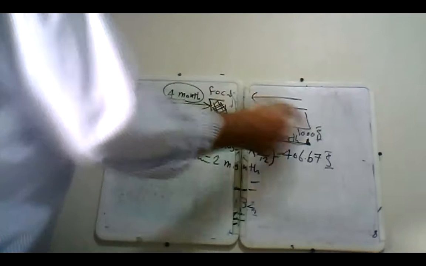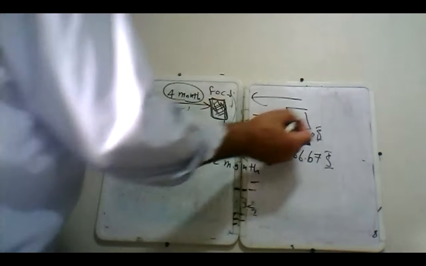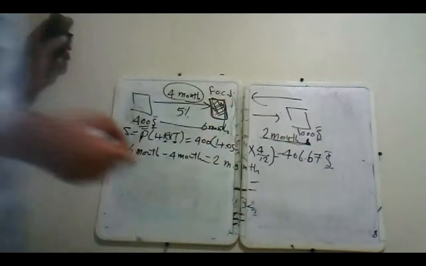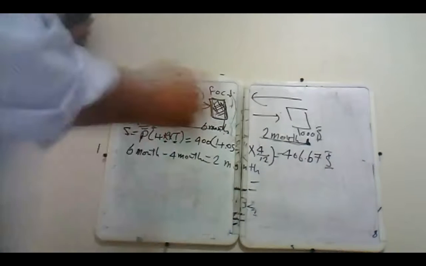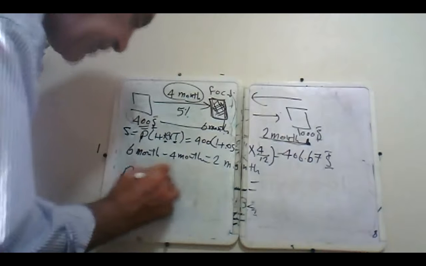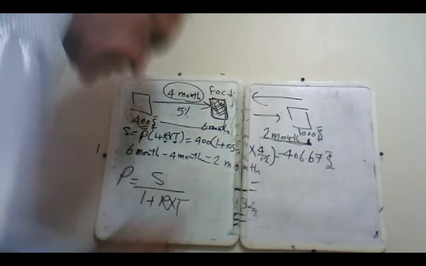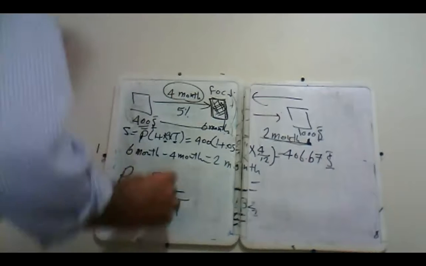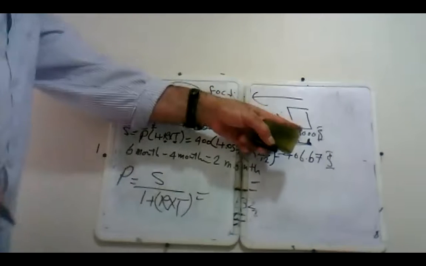Okay, how can I get it now? When I'm moving backward, I have to bring the present value, because the maturity date is after the focal date. The present value will be the future value divided by 1 plus r times t.